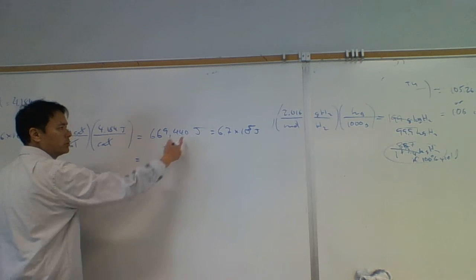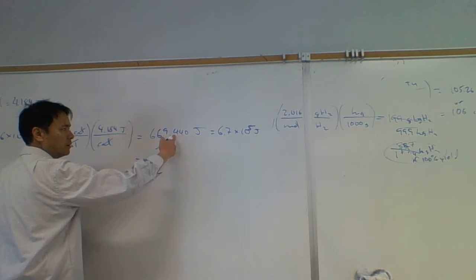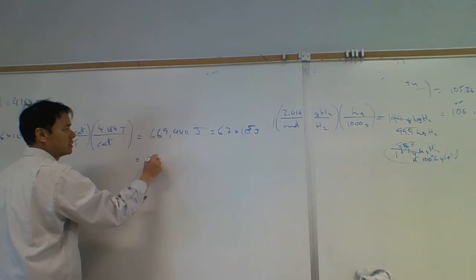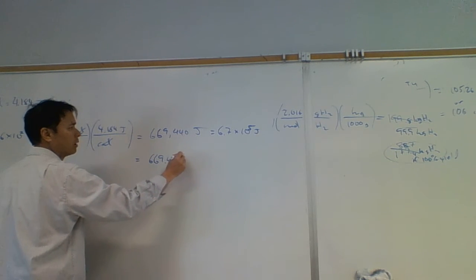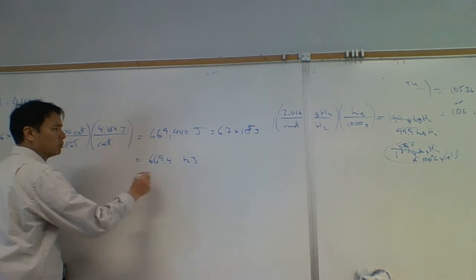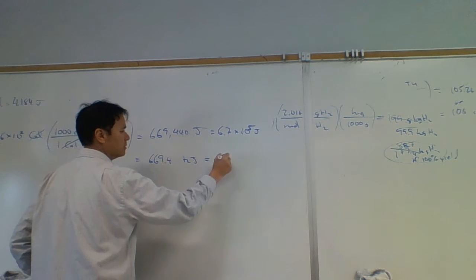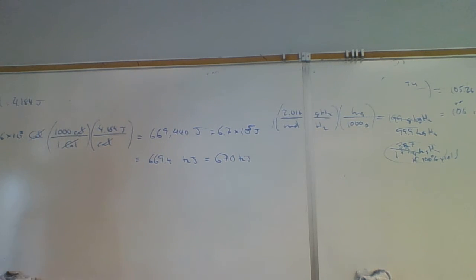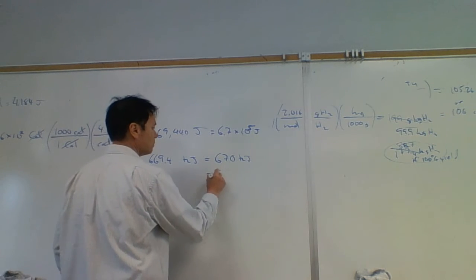Okay, to go from joules to kilojoules, we just move the decimal. If we're going to a bigger unit, we're going to a smaller number. So this would be 669.4 kilojoules, or to round it to the correct number of sig figs, 670 kilojoules. So that's what they got. They wrote it as 6.7 times 10 squared kilojoules.